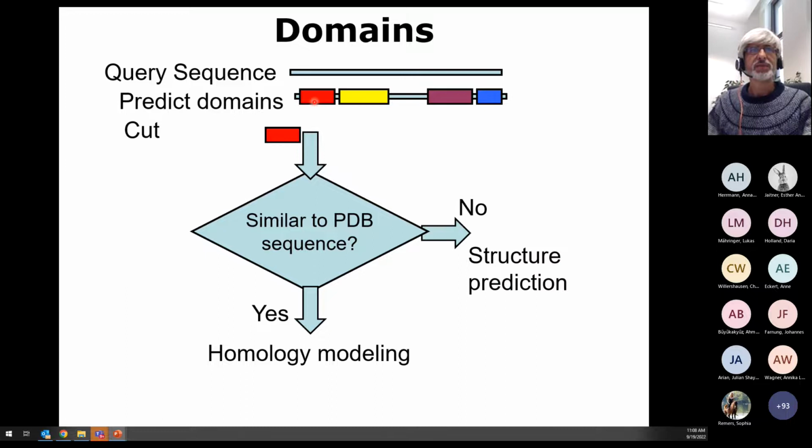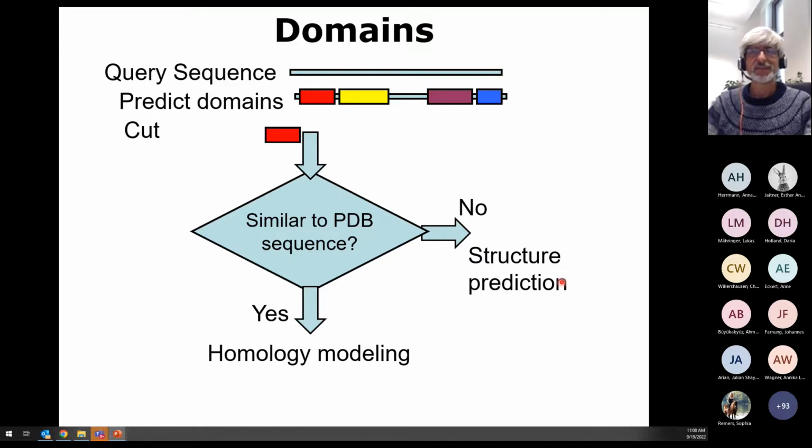But maybe for another domain there is nothing similar in the PDB, then you have to resort to structure prediction. The situation may be different for different domains. For some domains you may have information, for some you will not, and then you will have to do predictions of the structure.